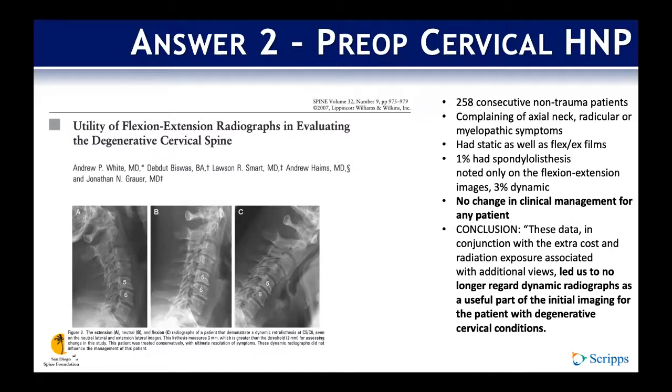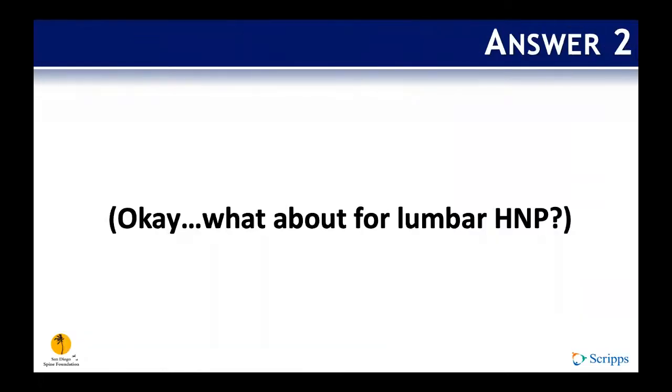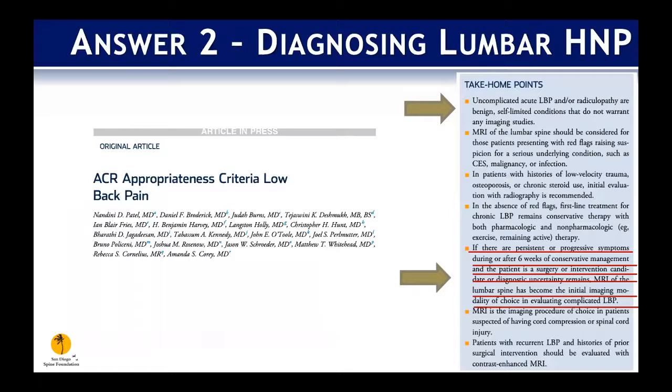Essentially their conclusions were that there was no change in management for any patient, in spite of the fact that 1% had a slip not seen on static X-rays and 3% were seen with dynamic X-rays. So their conclusion was that the use of flexion extension films may or may not be beneficial in terms of changing management for the patient.